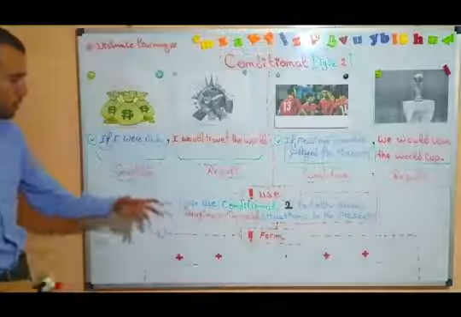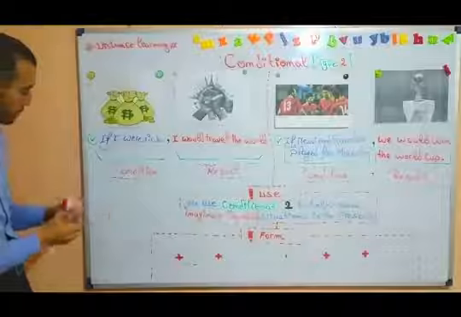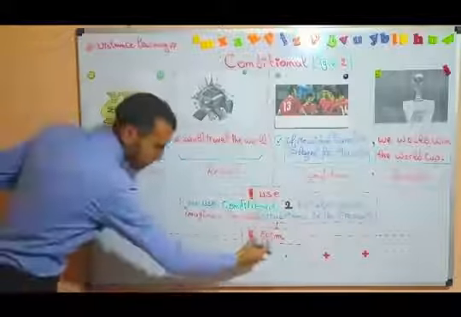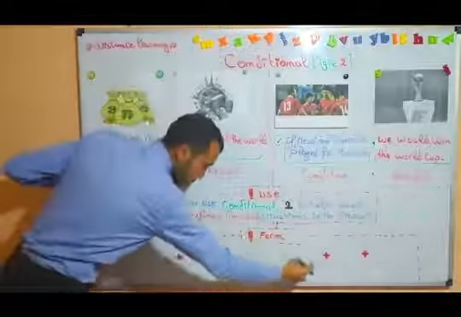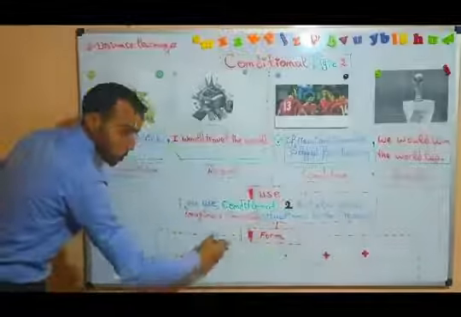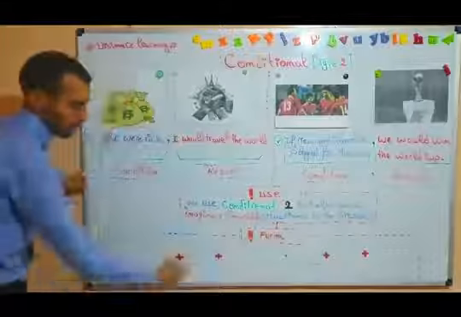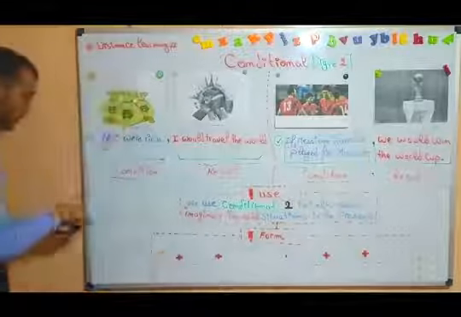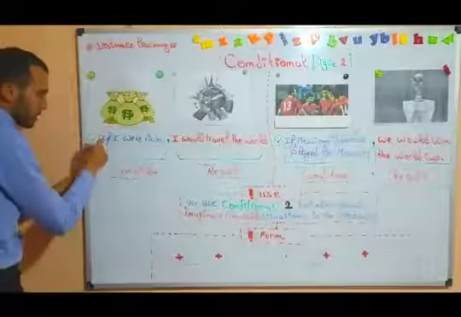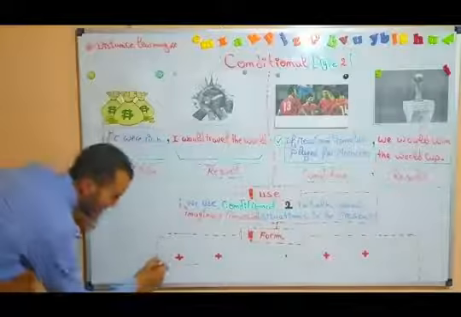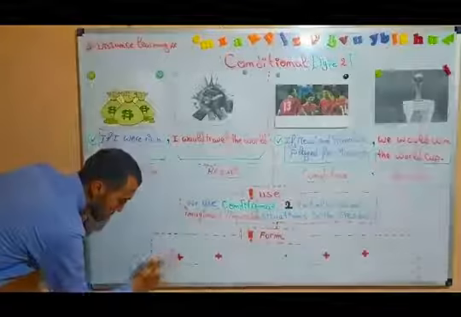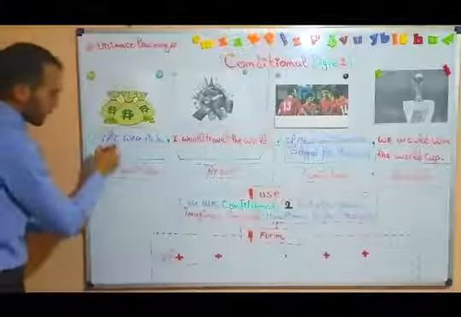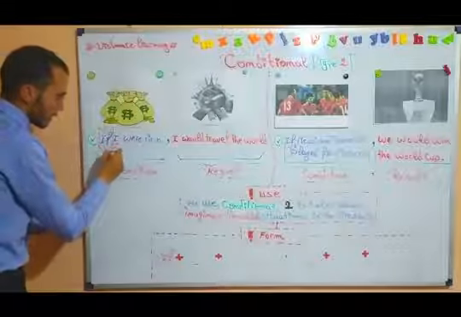Great. So the structure of conditional type 2 again. So you could see here, separated between the two parts, the if clause, starting usually with the if plus the subject.